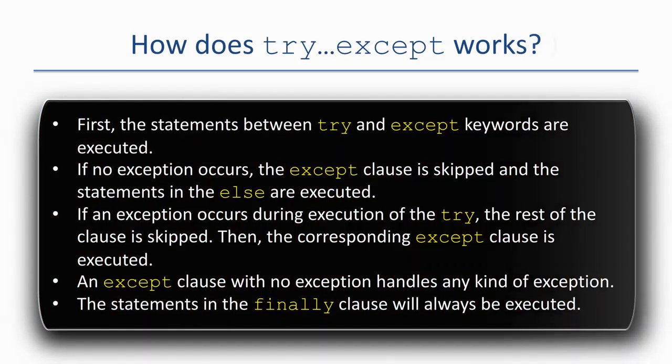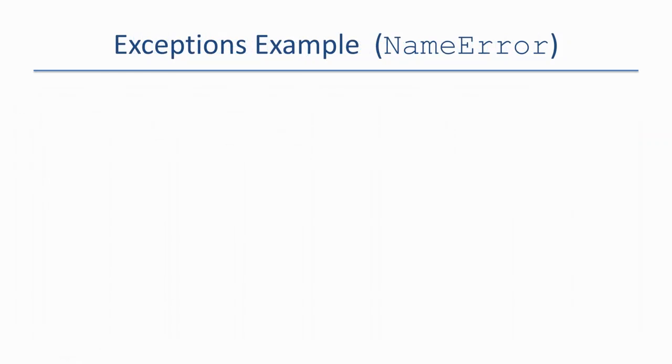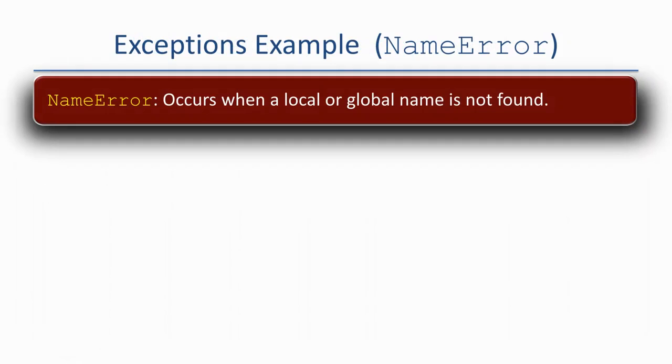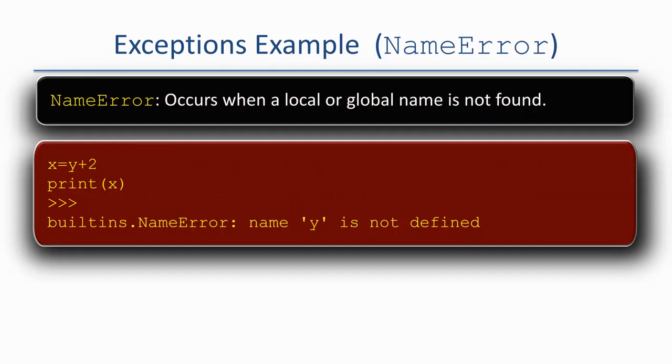Let's see some examples of different kinds of exceptions. The first example is the name error exception. This exception happens when a local or global name is not found. Consider a very simple program with 2 lines only. The first line is x is equal to y plus 2, and the second line says print x.